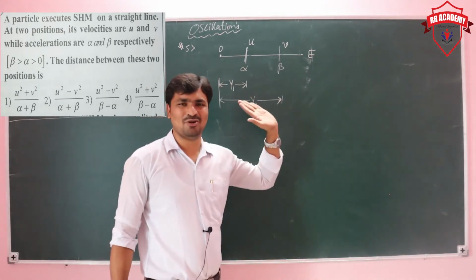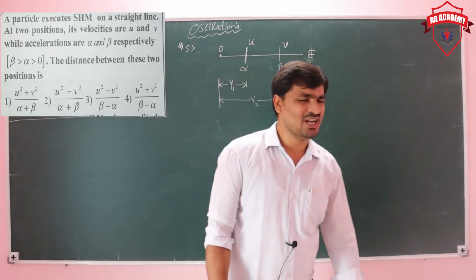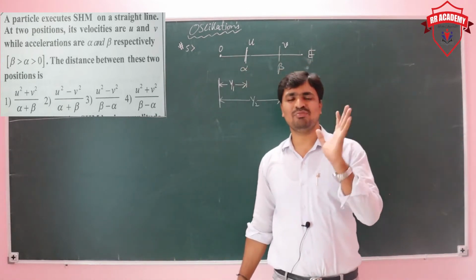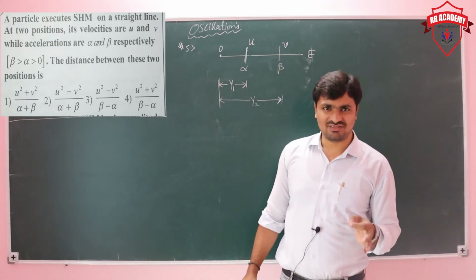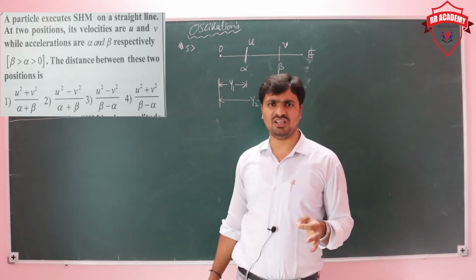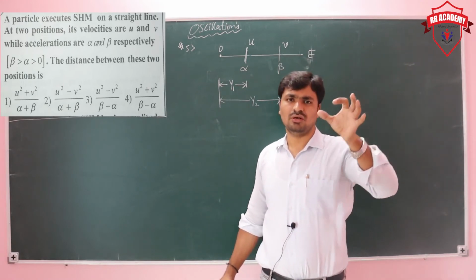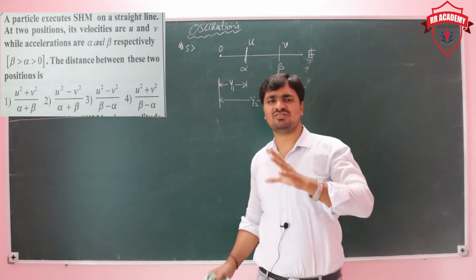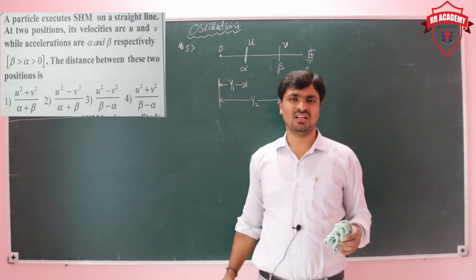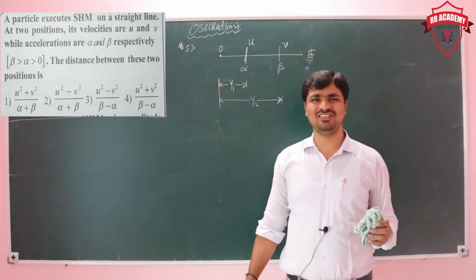Hope you understand the problem. Once again, what is the problem? A particle executing simple harmonic motion in a straight line has, at two instants, velocities u and v. At velocity u its acceleration is alpha, and at velocity v its acceleration is beta.